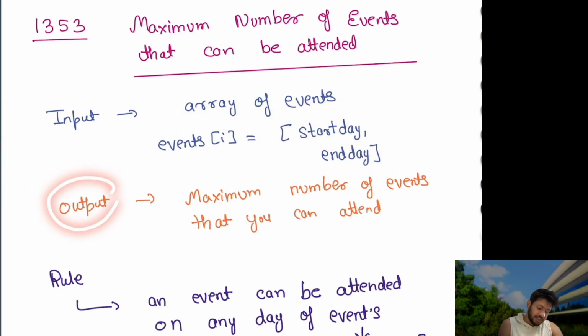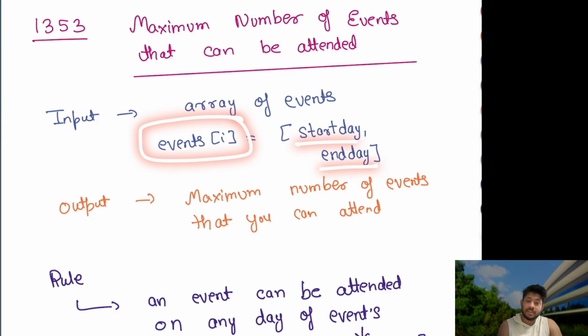The output we need to give is the maximum number of events that you can attend. So we need to try to attend the maximum number of events based on the event's start day and end day. When we say that the start day and end day of an event is given, it means that the event is happening from the given start day till the end day.